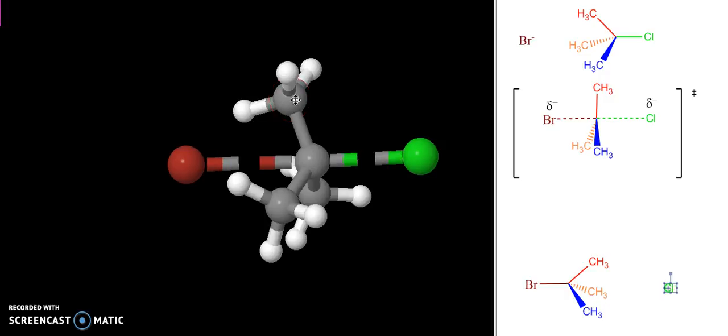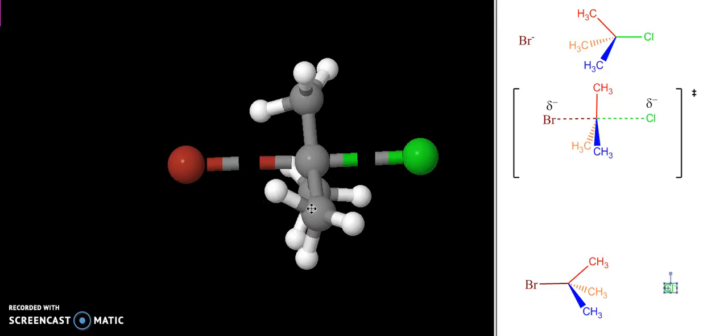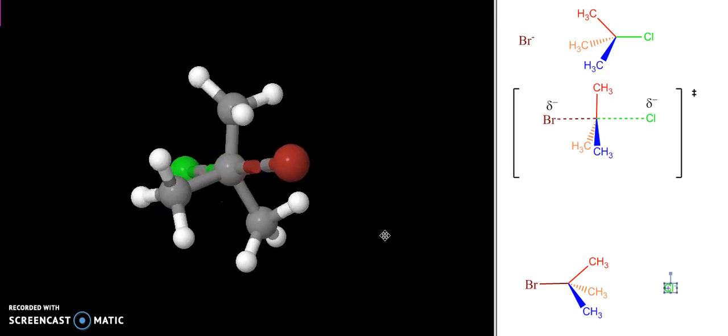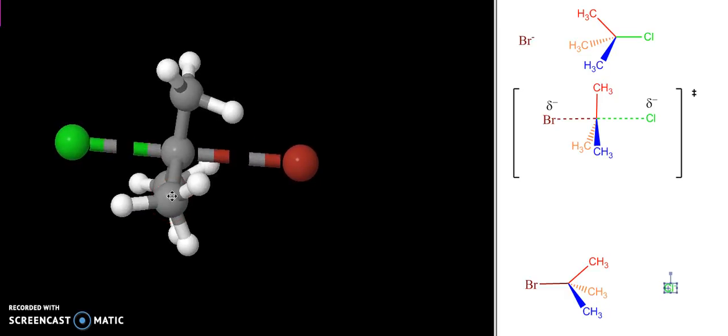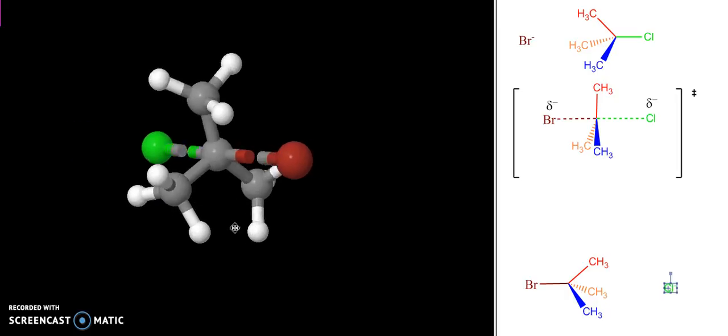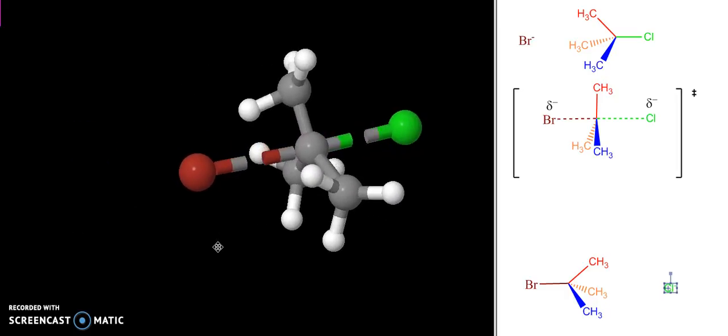So I can drag this methyl group like this, and this is not going to be a perfect representation, but it'll be pretty good. And I also want to drag the other one so it's almost in the same plane. So something like this, and this hydrogen probably should be up a little bit like that.